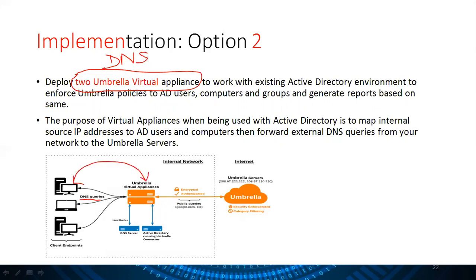And using a policy, using some configuration on the cloud, we will instruct these Umbrella VM appliances to ensure that only the internet queries are forwarded to the Umbrella cloud server, and the local domain queries are forwarded to the DNS server. Nice, isn't it?